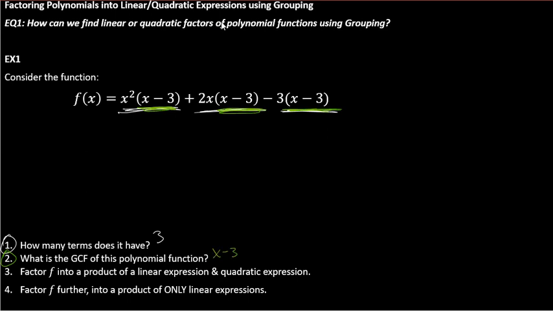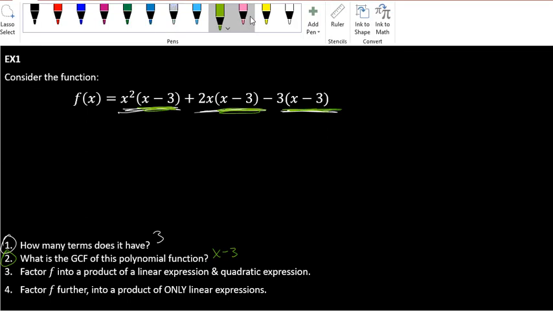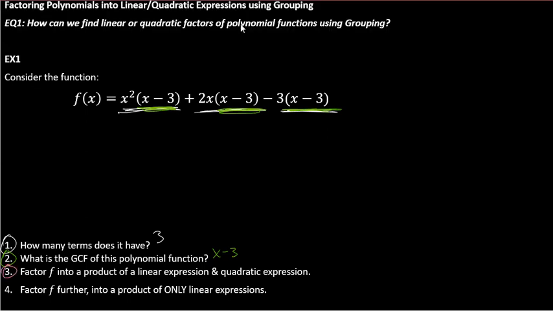Okay, so the third thing we're being asked to do here on this example: factor f into a product of a linear expression and a quadratic expression. So we need to factor it into the product of a first degree expression times a second degree expression. And we can do that just by factoring out our greatest common factor that we found on number 2.